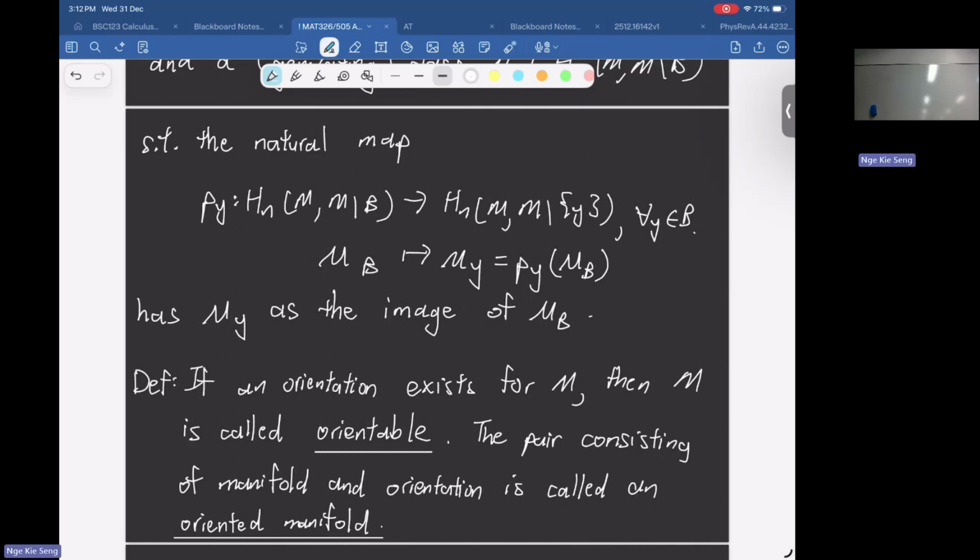They have to be the same, and only then will this local consistency work. Make sense?